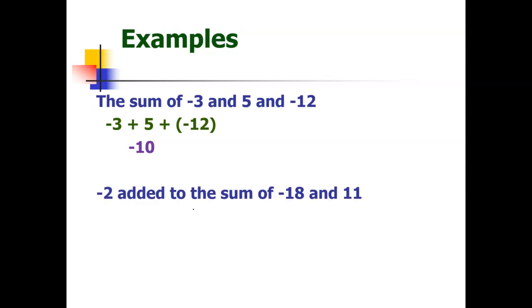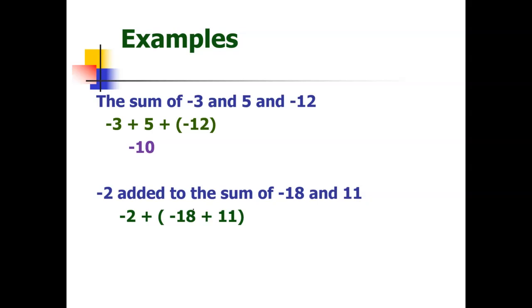Here's a second example. Negative 2 added to the sum of negative 18 and 11, which means you're adding negative 2 to the sum of negative 18 and 11. I'm going to put negative 18 and 11 in parentheses because I'm going to find the sum first before I add that to negative 2. This is how I chose to write.